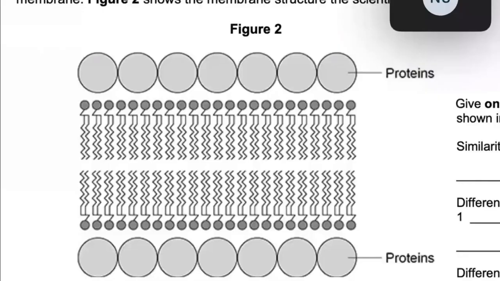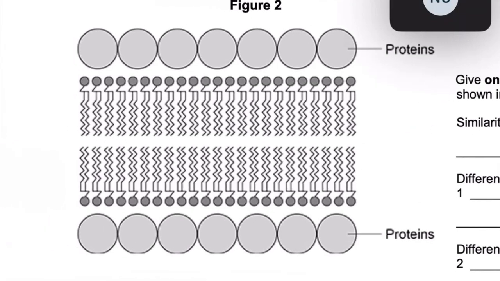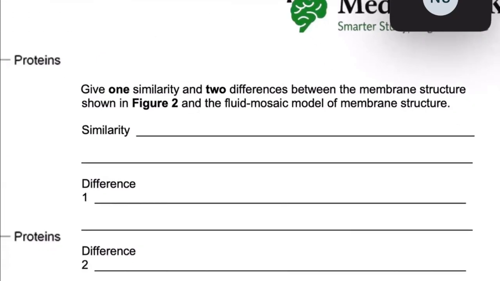First thing that I can point out straight away is that both the fluid mosaic model and this model have a phospholipid bilayer. This structure that you can see over here is the phospholipid bilayer. So it's a similarity.